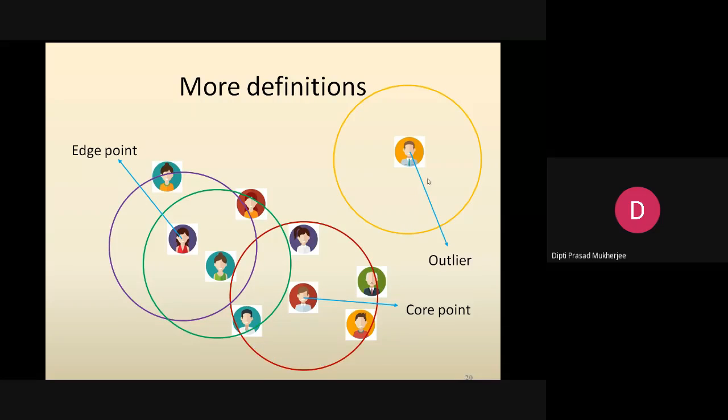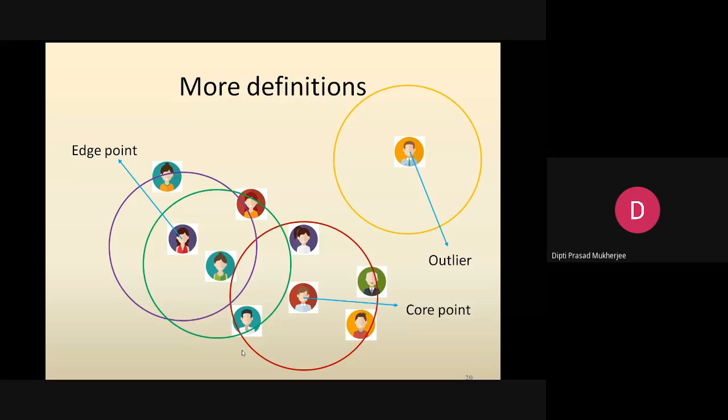And the one yellow at the top becomes completely separate, and this becomes an outlier, because within its epsilon neighborhood, it does not have any neighbor. So this is considered the outlier, whereas the rest of these points are considered one cluster.